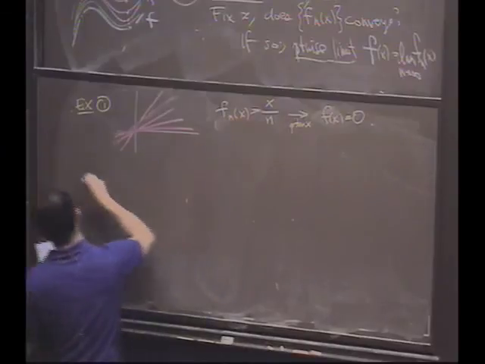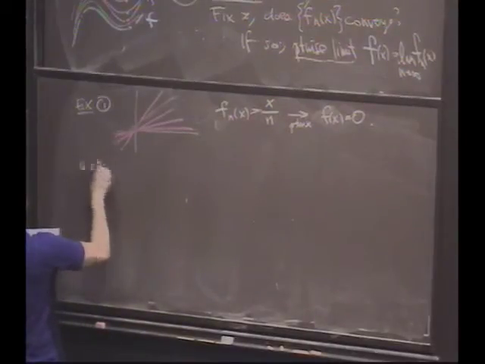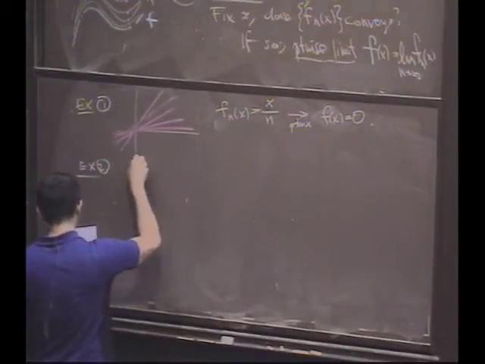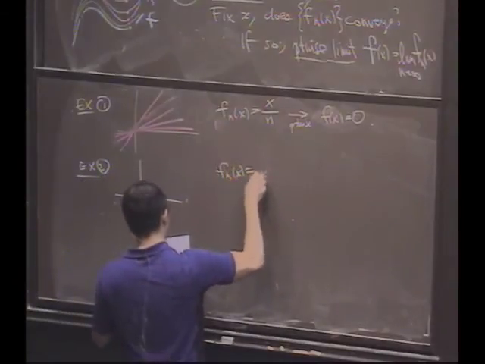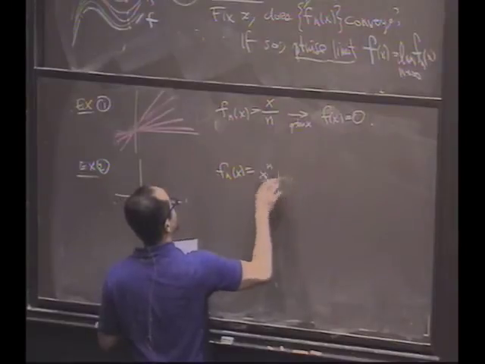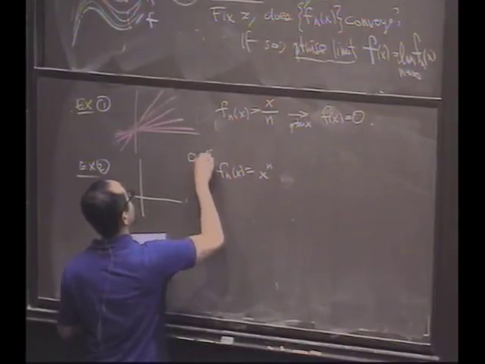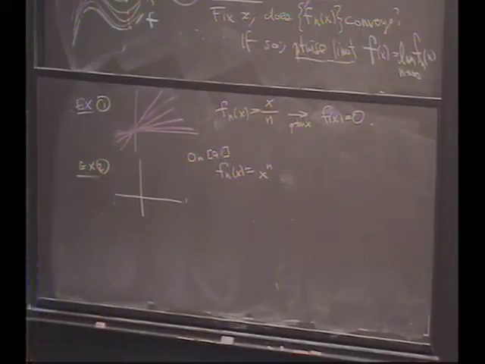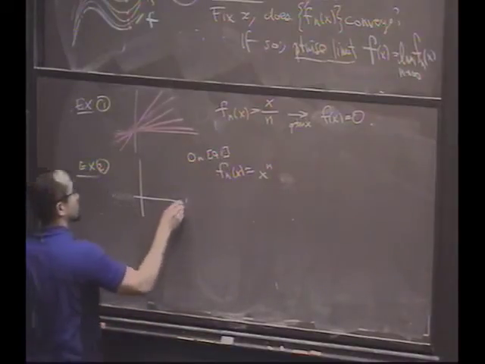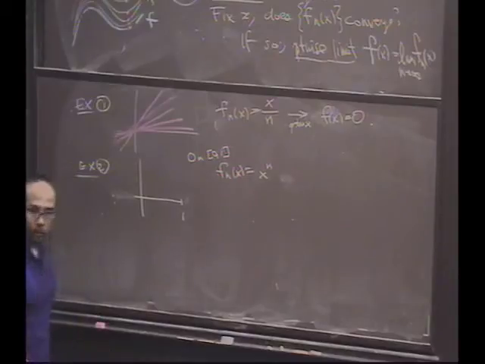Okay, very good. Pointwise. We'll come back to that example. What about this function? How about f sub n of x equals x to the n, and we're now limiting ourselves to the domain [0, 1], not the whole real line. Does this converge pointwise?